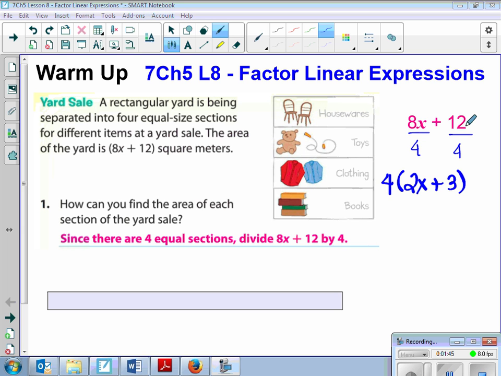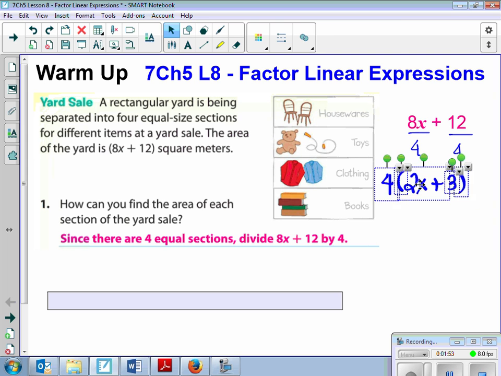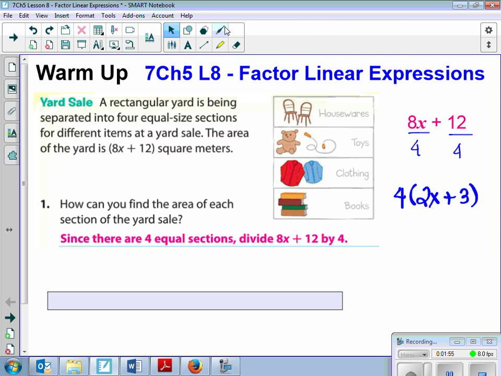So 8x plus 12 is equal to 4 times the quantity 2x plus 3. Now, you'll notice that if we used our distributive property and distributed the 4 back into the parentheses, we're going to end up with 8x plus 12.